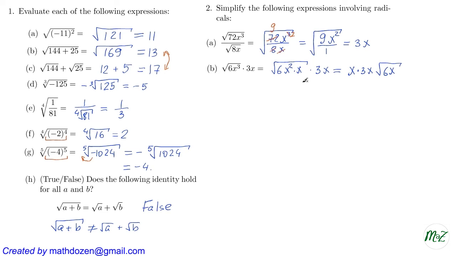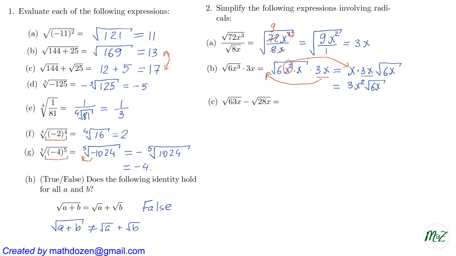So I'm going to move 3x up front. That's where that 3x comes from. And then the square root of x squared becomes x. And then the square root of 6x stays the same. So then we multiply 3x by that x, and we get 3x squared times the square root of 6x.